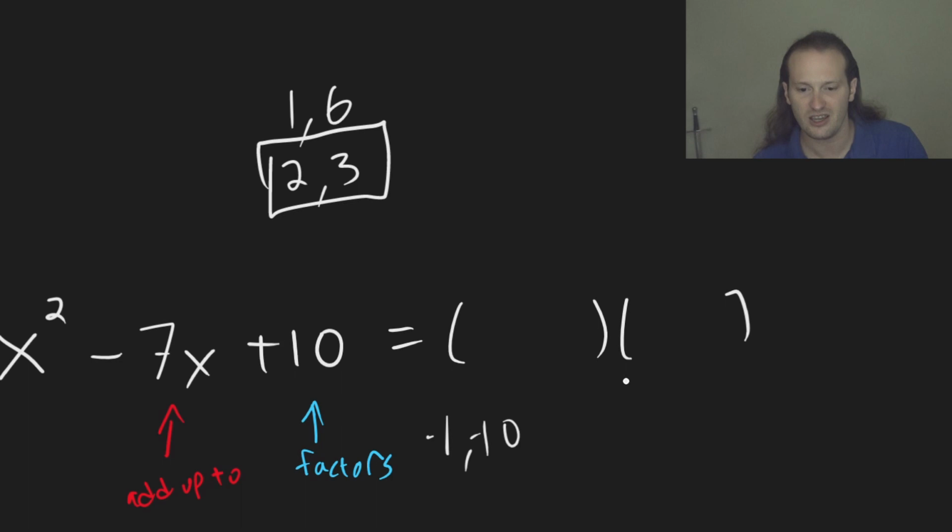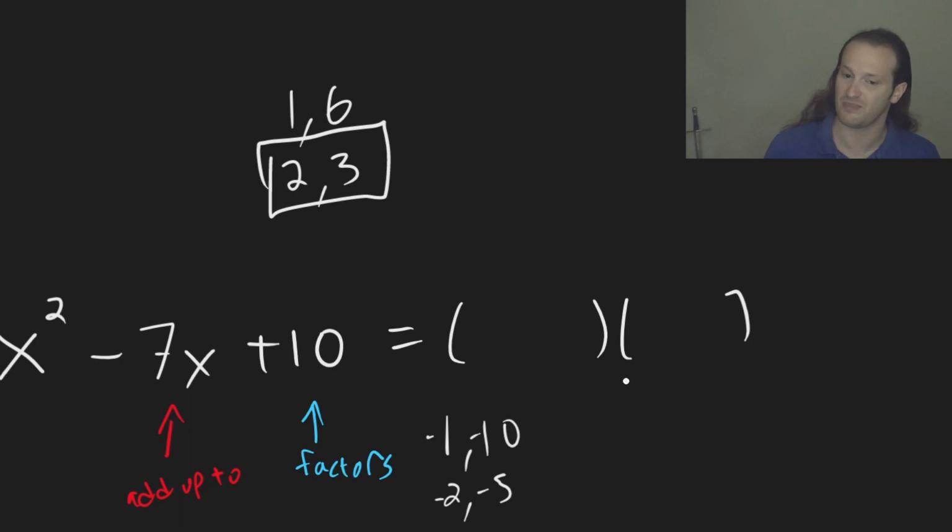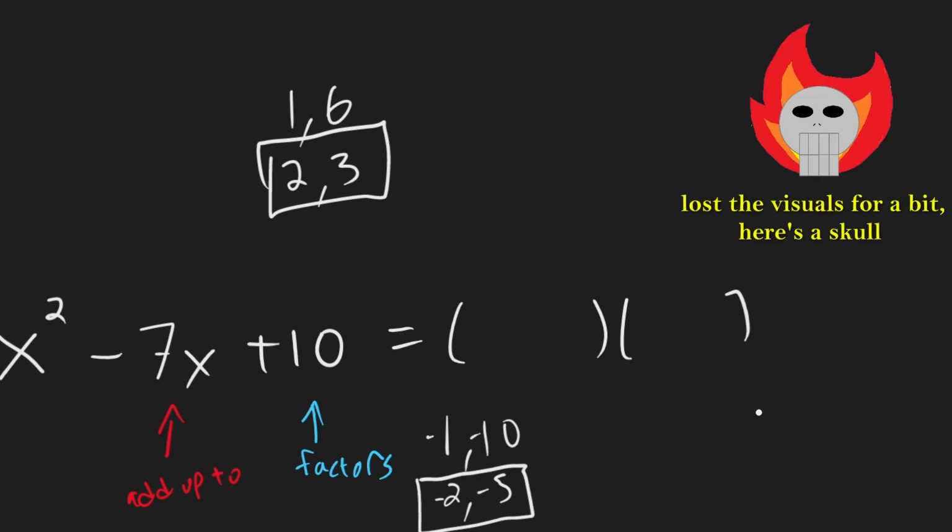Does that work? -1 plus -10 is -11. Okay, that doesn't work. So then we can try -2 and -5. 2 times 5 is 10, but -2 times -5 is positive 10. And -2 plus -5 is -7. We did it.